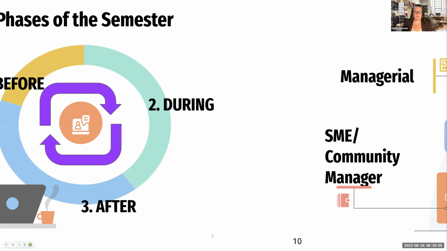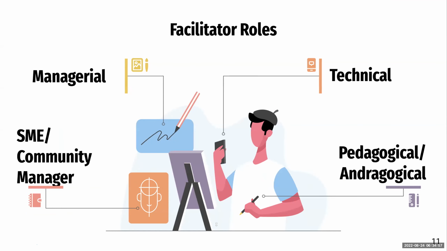So let's talk about your roles in the class, and then we'll frame this within those different phases. As a faculty member, you have a lot of different responsibilities. You know pedagogy, you know andragogy if you're teaching graduate students. You're the technical manager.